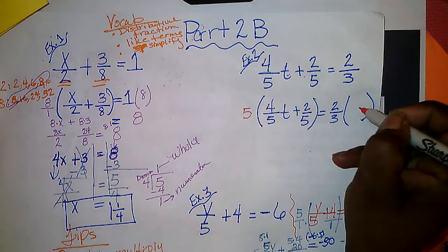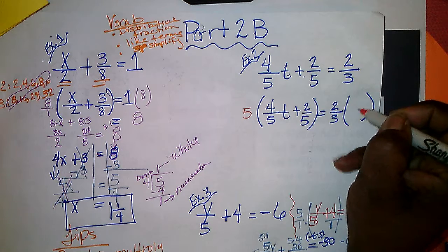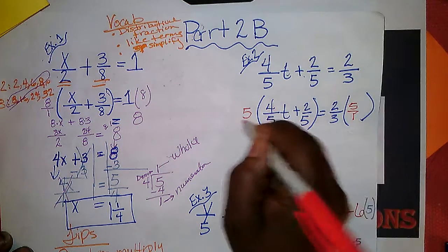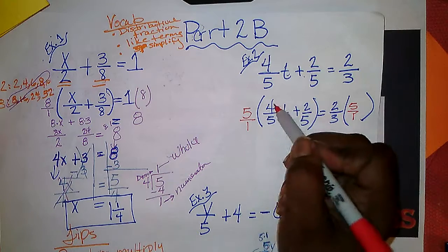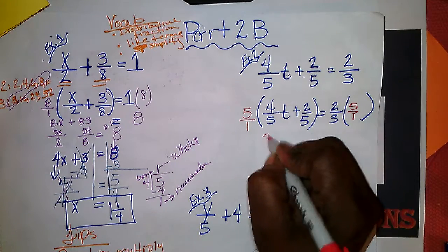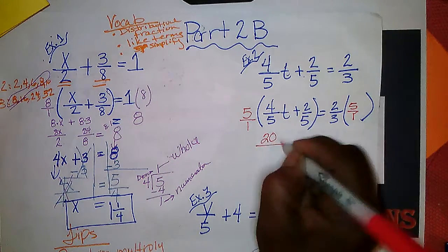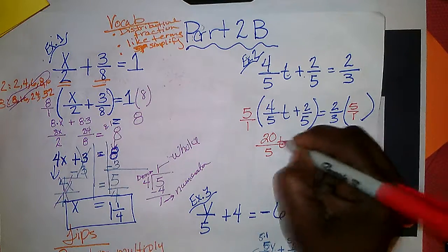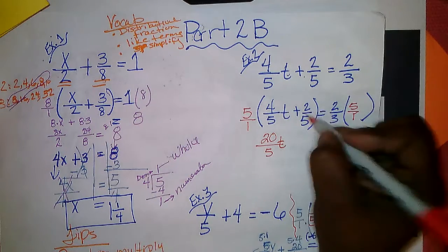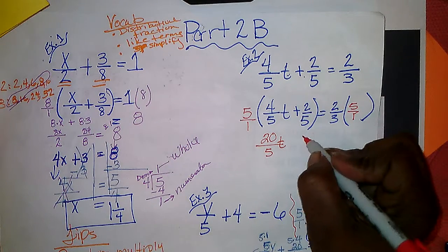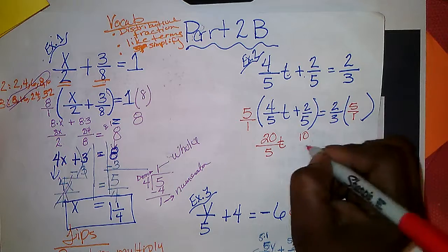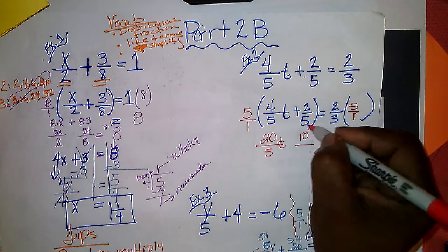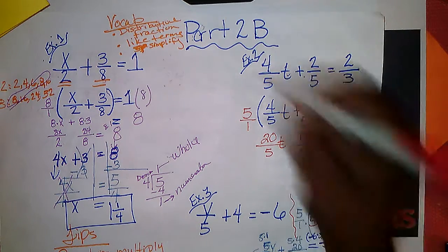And then we do this side by 5. So 5 times 4 is 20. 1 times 5 is 5. 5 times 2 is 10. 1 times 5 is 5.